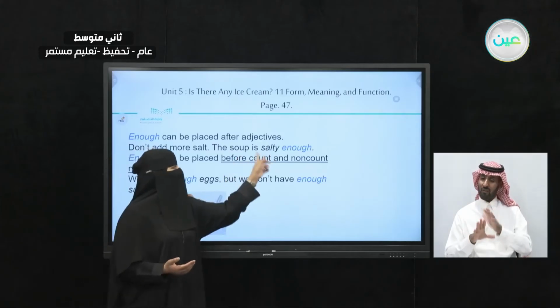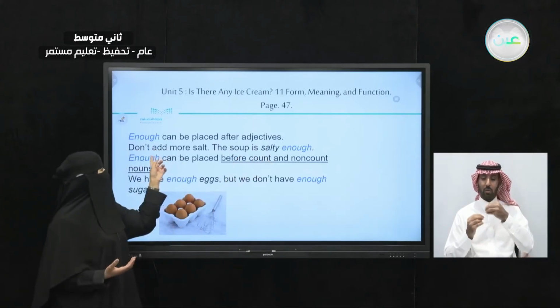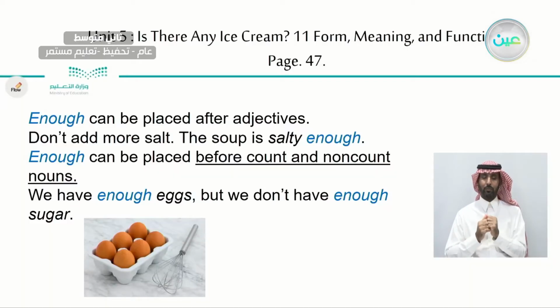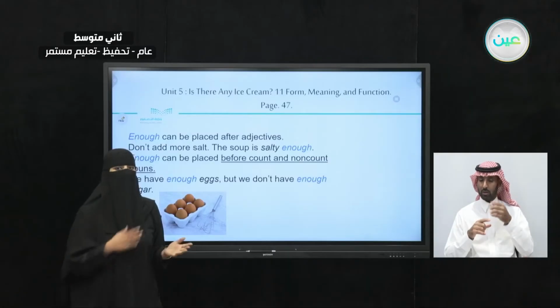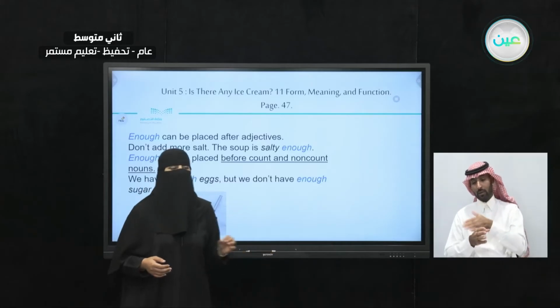So here we have the word salty. Salty, it's describing the soup, right? The soup is salty. We have the word enough after the word that's describing this noun. The soup is salty enough. So we have the word enough and we have the word too. Too before the adjective and enough, it's after the adjective.